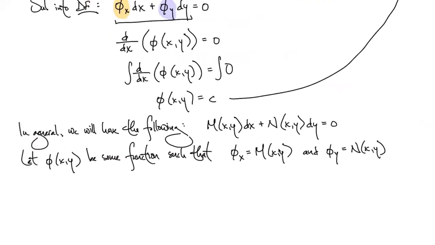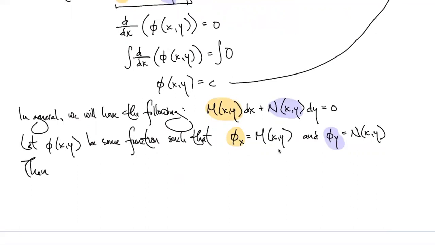So we're keeping in line with the purple and the yellow. This M is going to actually be the partial derivative of phi with respect to x. And this N is going to be the partial of phi with respect to y, okay?